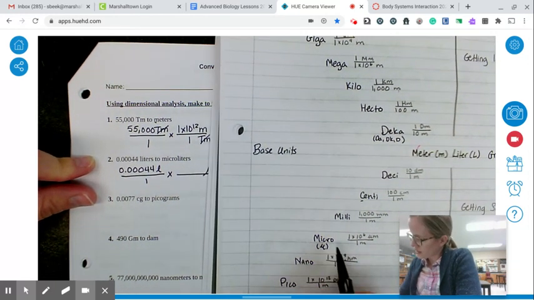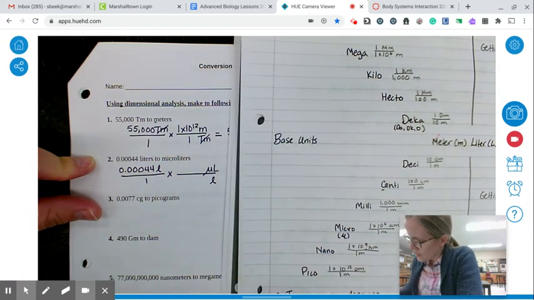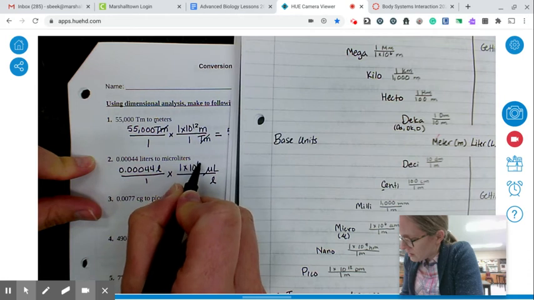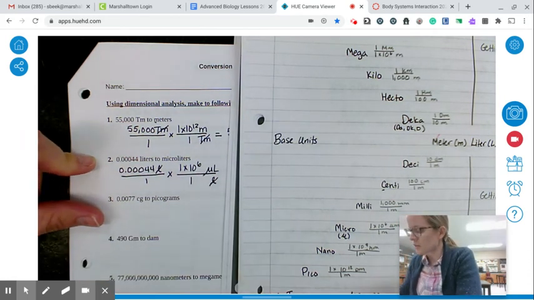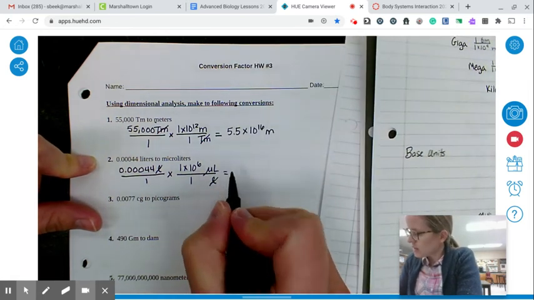Micro is here, and I can see that in 1 liter, this is 1 meter, but remember this could be liters or grams or meters. In 1 liter, I have 1 times 10 to the 6th microliters. Okay, and my liters cancel, and I'm at microliters. So I know I'm done because the units that they want are up on top.